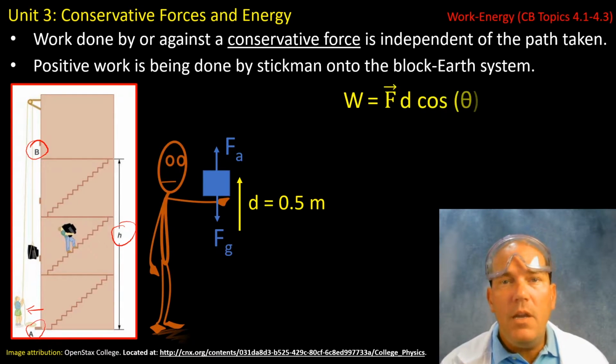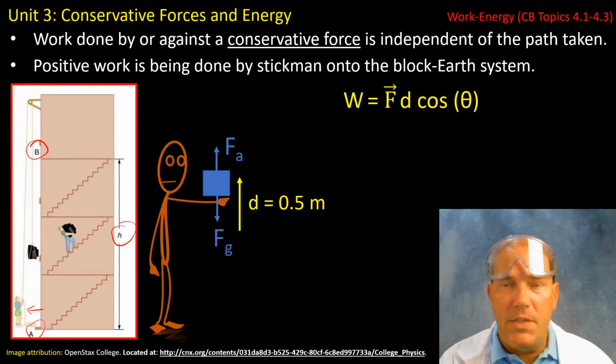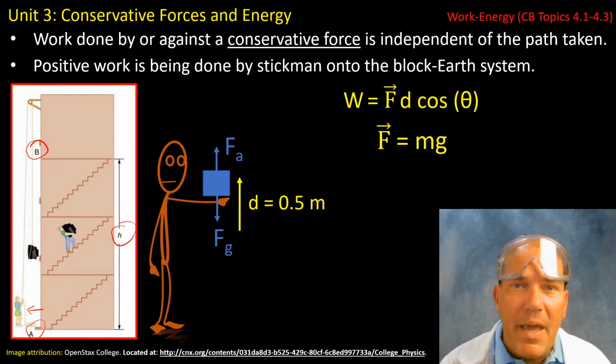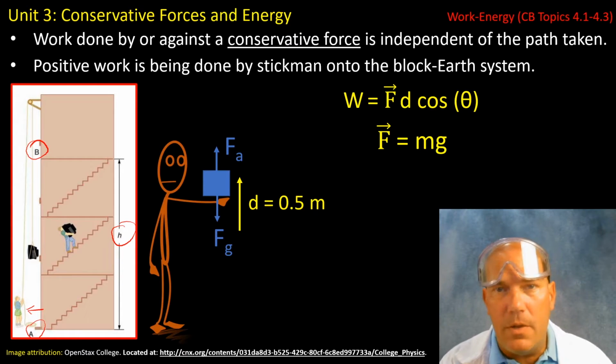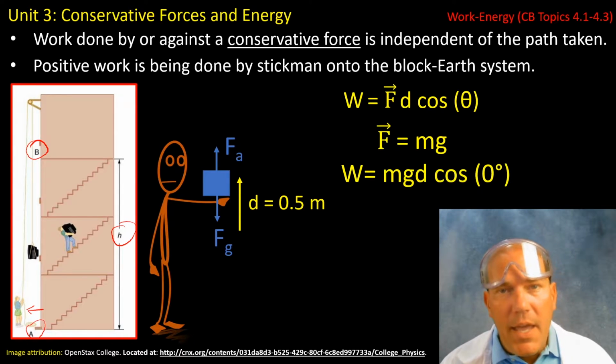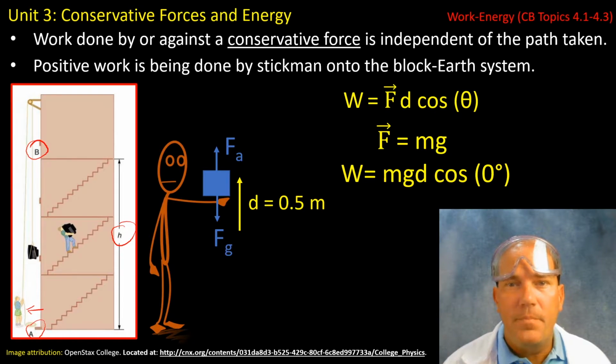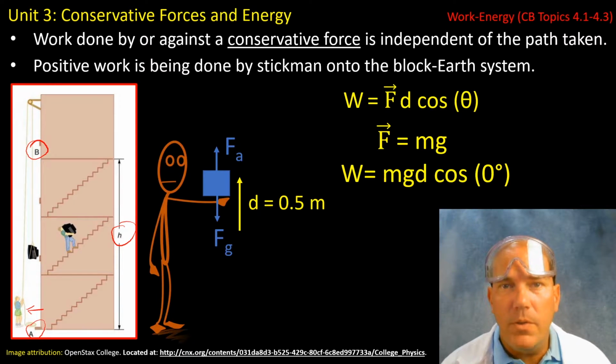Now, if we look at our work equation, and we go ahead and look at the force here. And remember, it's a conservative force, and I'm referencing the downward force of the earth on the block, the force of gravity. It is equal to the product of the mass times the acceleration due to gravity. If we plug that into our work equation and acknowledge that the angle between the force applied and the displacement of the object is 0 degrees, cosine of 0 degrees is 1.